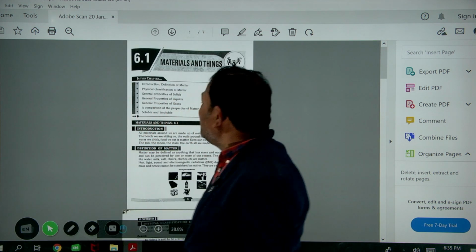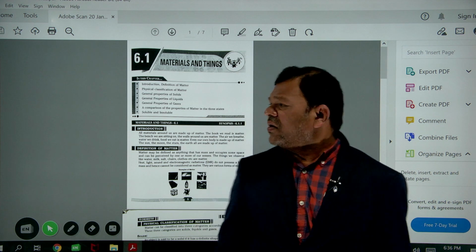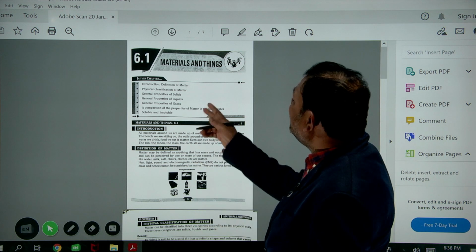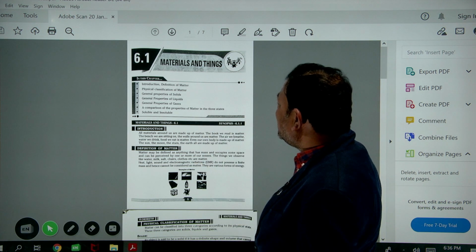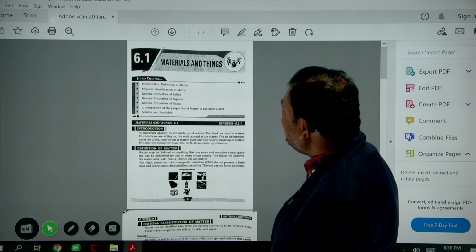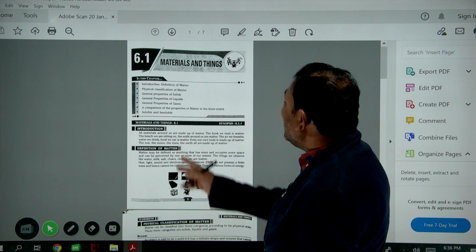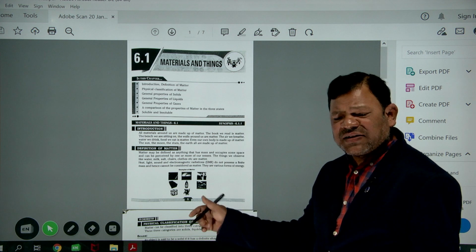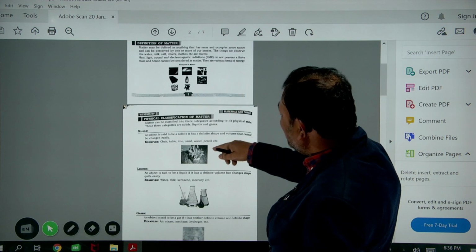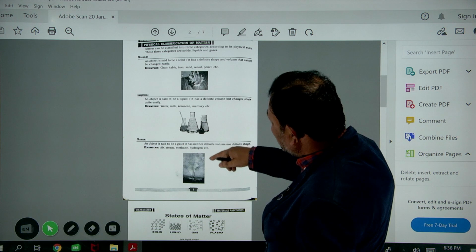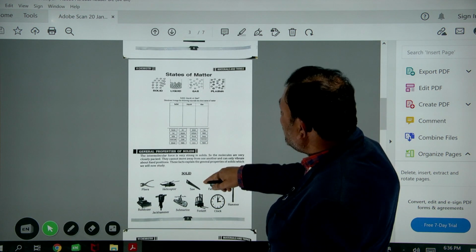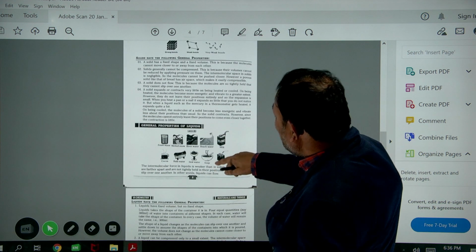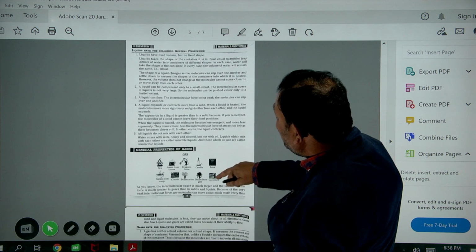So this is the lesson about materials and things. Today we discussed the introduction and definition of matter, the physical classification of matter, general properties of solids, liquids, and gases, a comparison of the properties of matter in the three states, and what soluble and insoluble substances are, with examples.